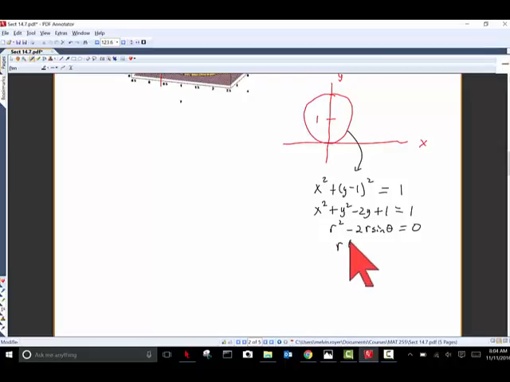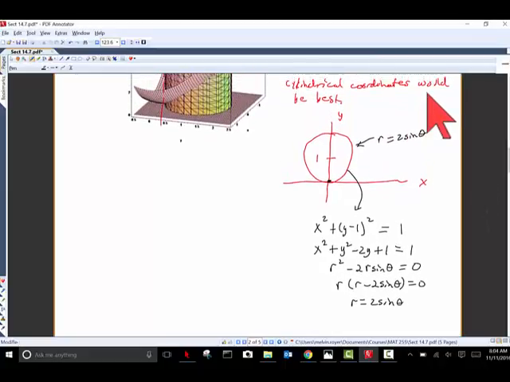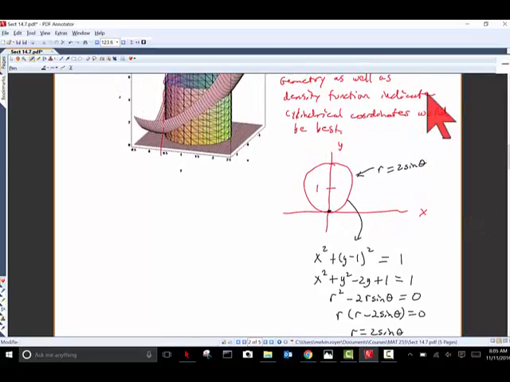If we factor out an r, we get here, r equals 0 is just the origin. That's not interesting, but this other factor being equal to 0 is significant. r equals 2 sine theta is actually the equation of this circle in cylindrical coordinates. And now I think we're ready to set up the integral.